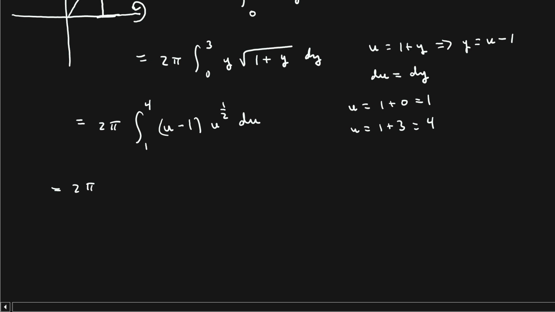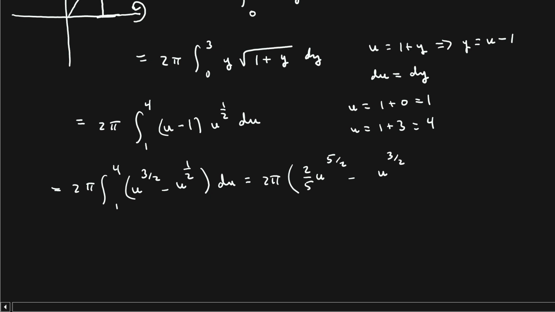And so this is 2 pi times the integral from 1 to 4 of u to the 3/2 minus u to the 1/2. So just distribute the u to the 1/2 du. And so that's 2 pi times u to the 5/2 times 2/5, minus u to the 3/2 times 2/3, from 1 to 4.